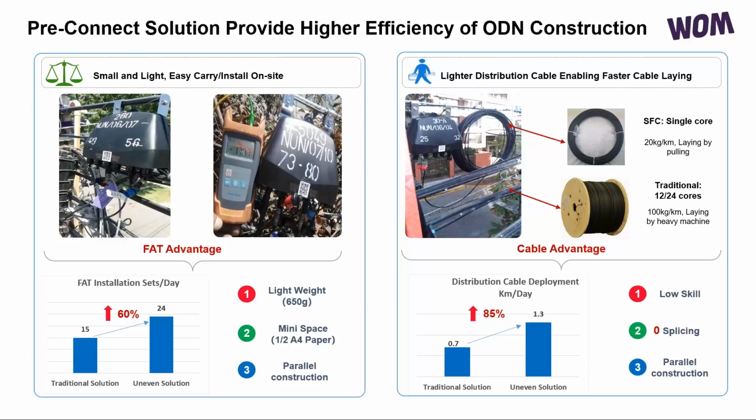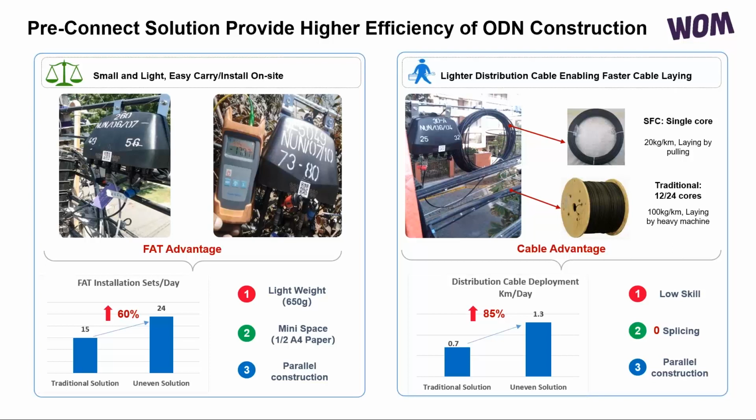For that, and for the need of speed in deployment, we of course needed a solution that gave us quality and speed. With that, we found that the pre-connected solution is a more economical and faster ODN network construction solution.